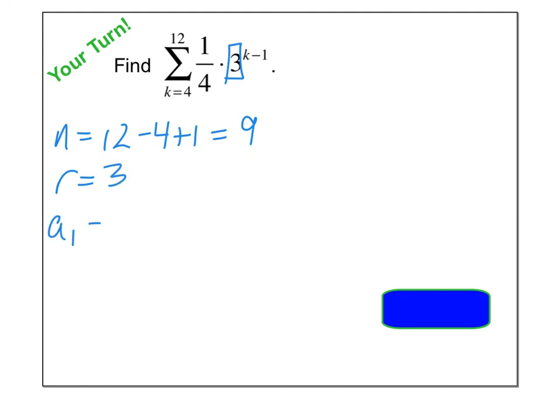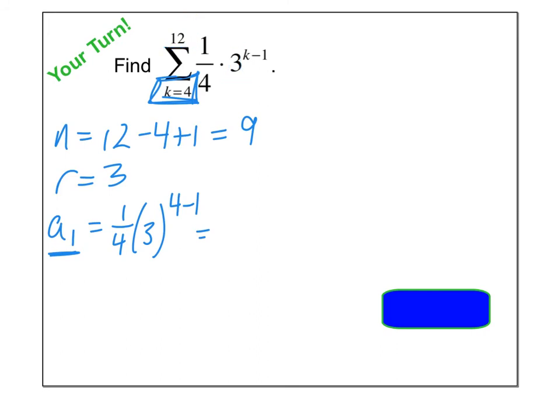Now a sub 1 would be us plugging in 4 for k. So 1/4 times 3 to the 4 minus 1. A sub 1 is not technically plugging in 1 for k, no. It's going here and figuring out, okay, we're plugging in 4 for k.